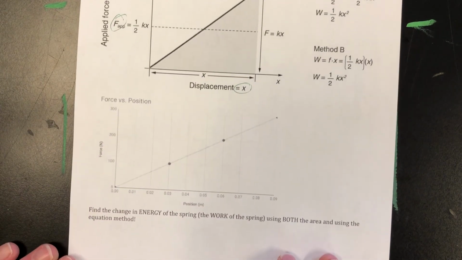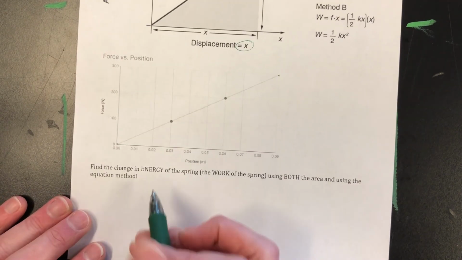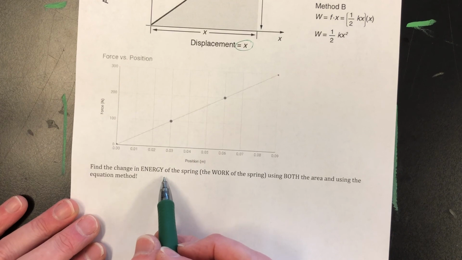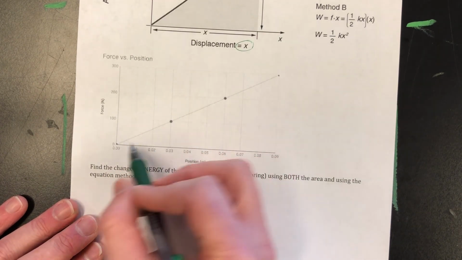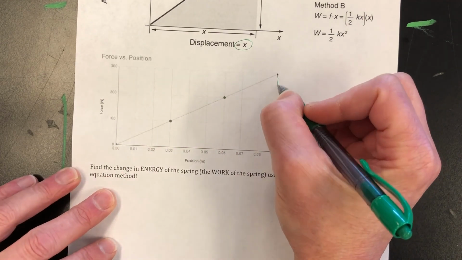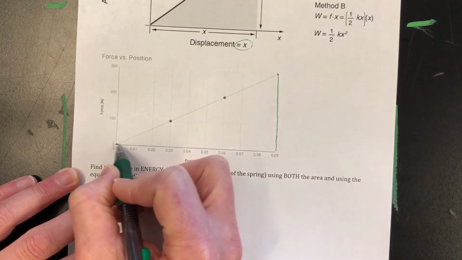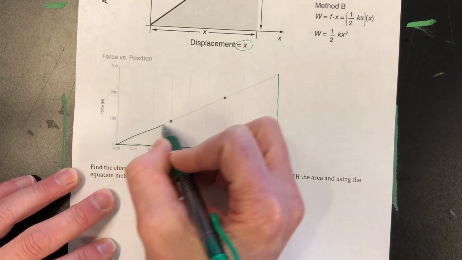Let's take a look at this graph again, and this time they want us to find the change in energy of the spring. We can't just start with this point, so we can't find the slope again. In order to find the work done, we need the entire area of this whole triangle.